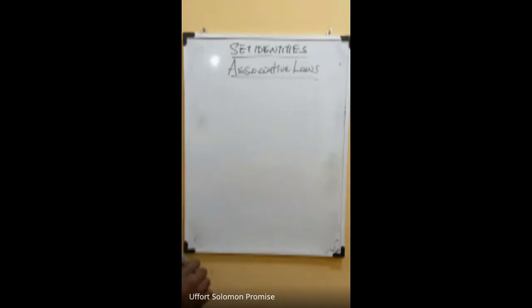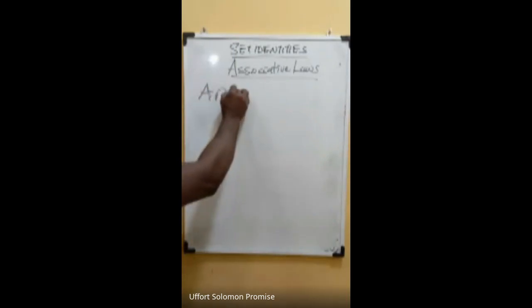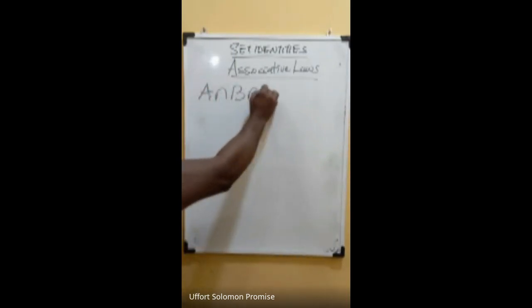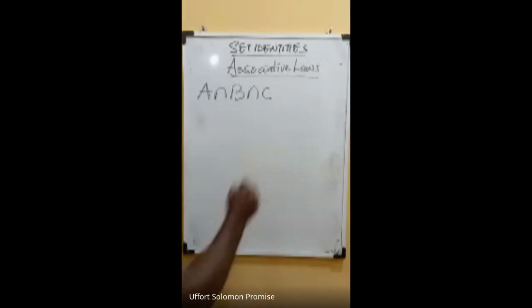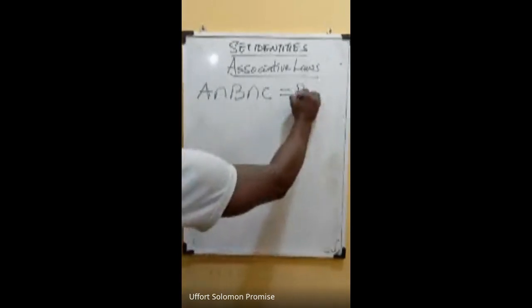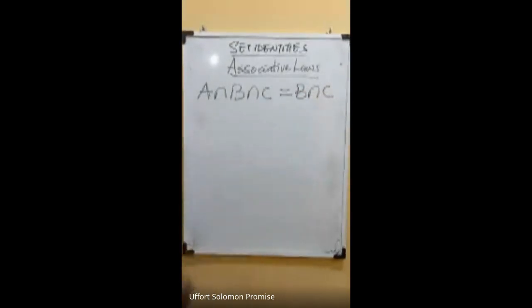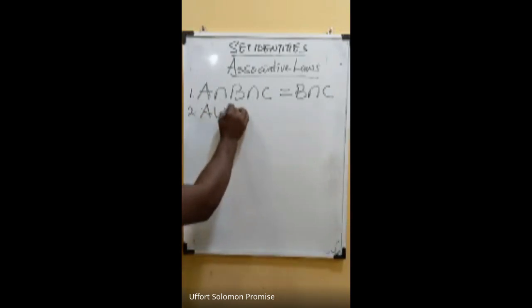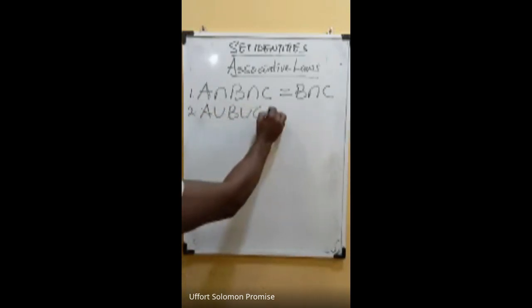So associative law actually states that A intersection B intersection C is equal to B intersection C. That's the first one. The second one says that A union B union C is equal to what?